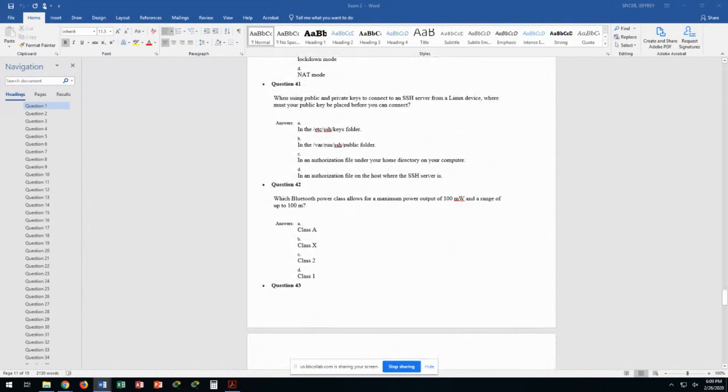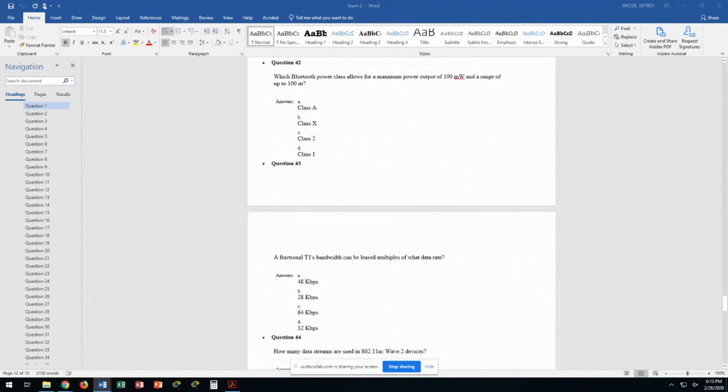When using public-private keys to connect to an SSH server from a Linux device, where must your public key be placed before you can connect? D, right? In an authorization file on the host where the SSH server is.